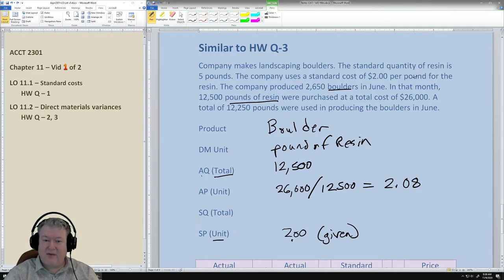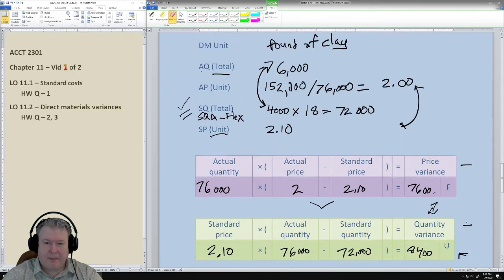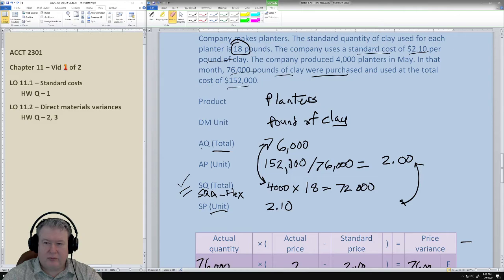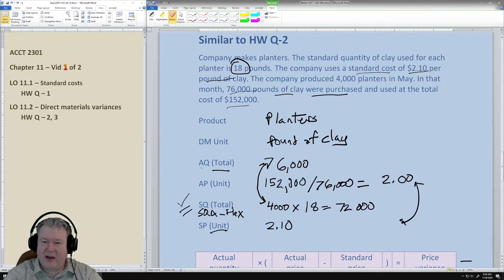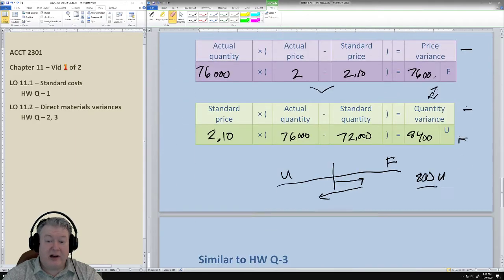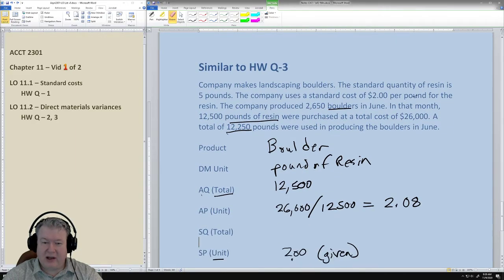It says 12,500 pounds of resin were purchased, but that's not how much were used. 12,250 pounds were used. I wonder, did I make the same mistake up here? Oh no, I identified that correctly here. It's worded a little bit differently, so I was just double checking.